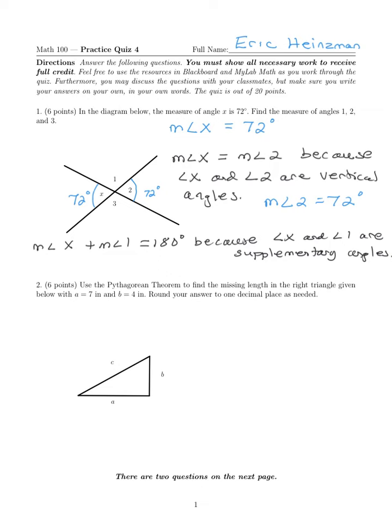For this reason, in this equation, I can replace this with 72. This means 72 degrees plus the measure of angle 1 is equal to 180 degrees.